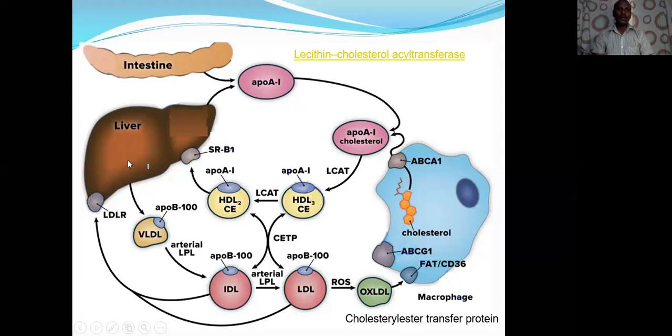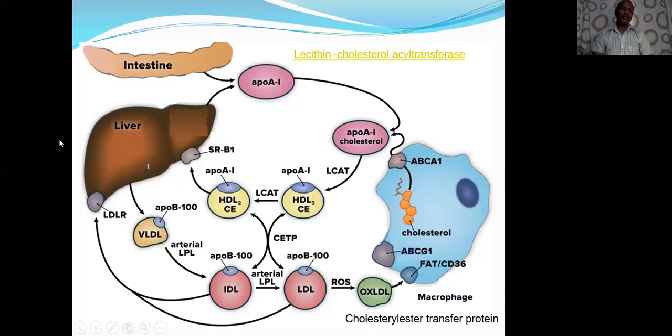So now we are talking about the non-absorbable resins, such as cholestyramine. Cholesterol in the liver gets metabolized into bile acids and bile salts, and then they get excreted.